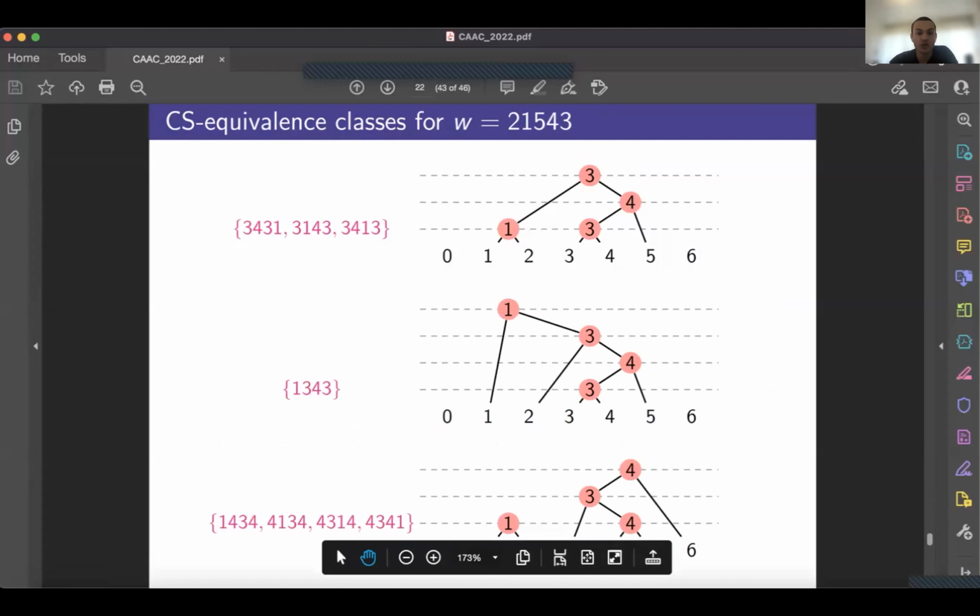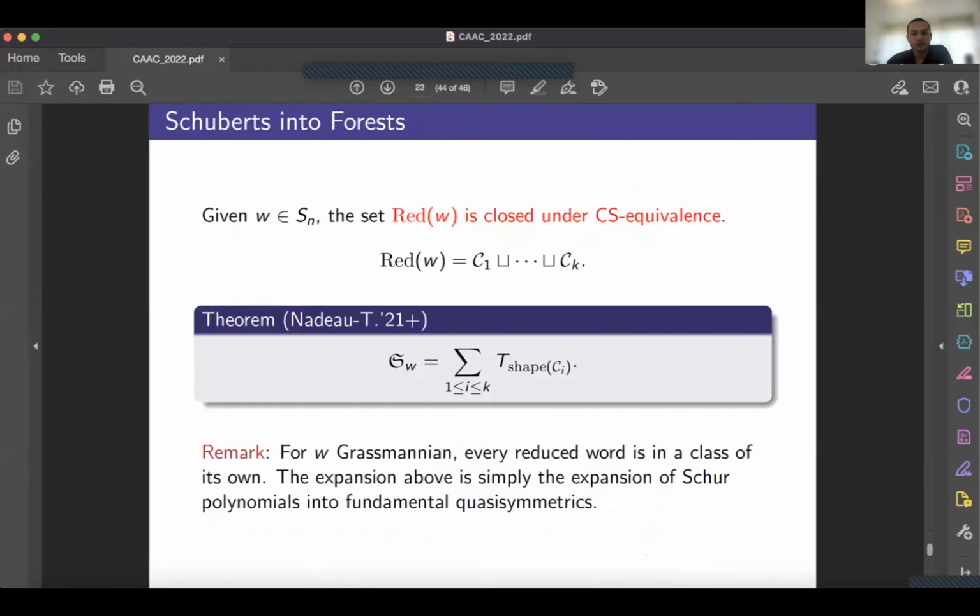So when you reduce modulo quasisymmetric polynomials, this forest with 2 components, this bottom bit, is going to die. That's the one you will throw out. The other 2 will contribute to the A sub W I was interested in. Okay, all right, so this is pretty much the last slide. Any commutation class is closed under this equivalence.